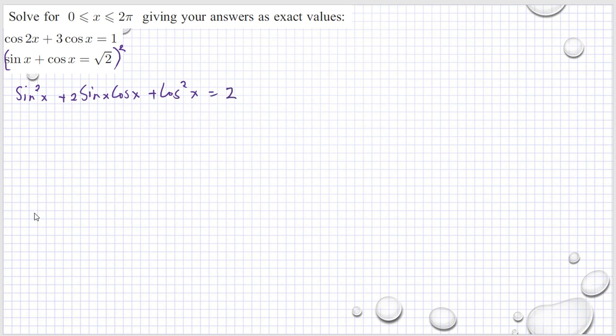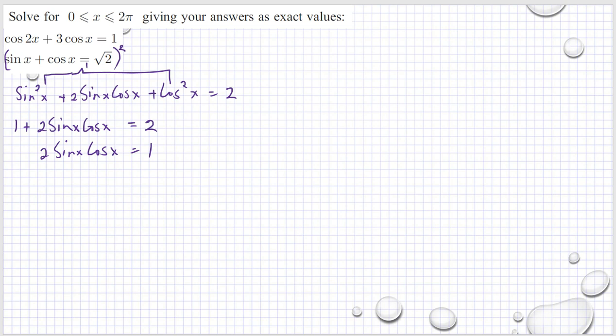And we know that sine squared x plus cosine squared x is equal to 1. So we have 1 plus 2 sine x cosine x is equal to 2. Then we have 2 sine x cosine x is equal to 1.